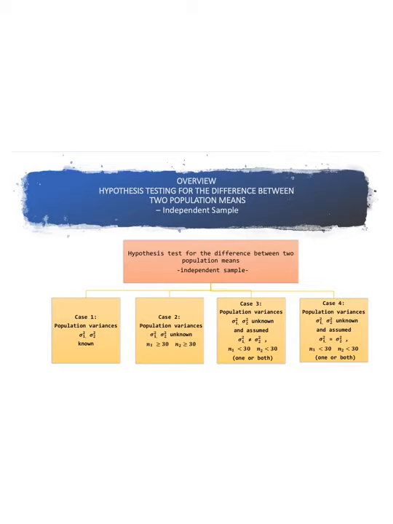For case number 1, we know the population variance for both population 1 and population 2. For case number 2, the population variances sigma 1 squared and sigma 2 squared are unknown, but the sample sizes are large, greater than or equal to 30.